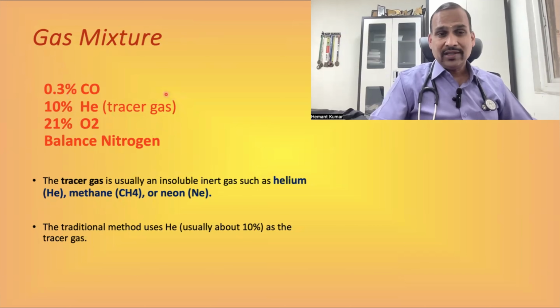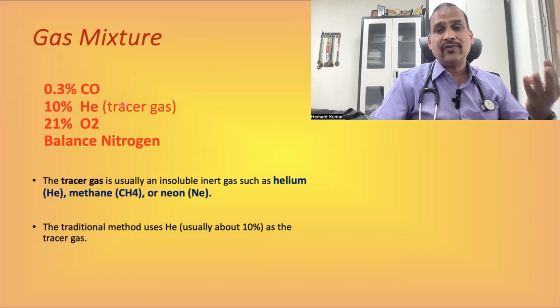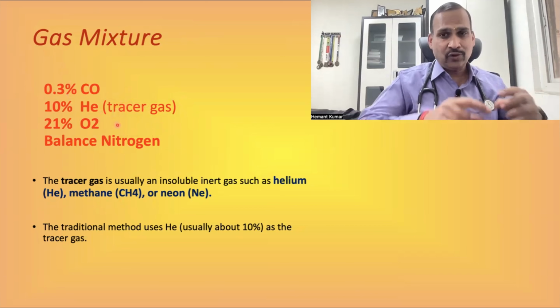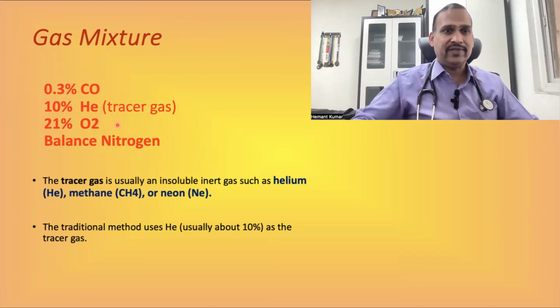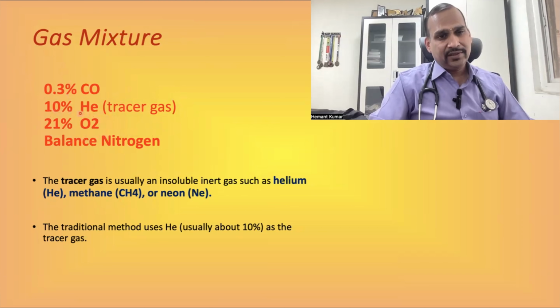It is used to measure volume of gas like total lung capacity, like alveolar volume, which is used for transfer of gas from alveoli to blood vessel. Then 20-21% oxygen for normal respiration, and the balance is nitrogen. Instead of helium, we can use methane and other inert gases like neon and argon, but in different concentrations. In our study, we are using helium 10%.